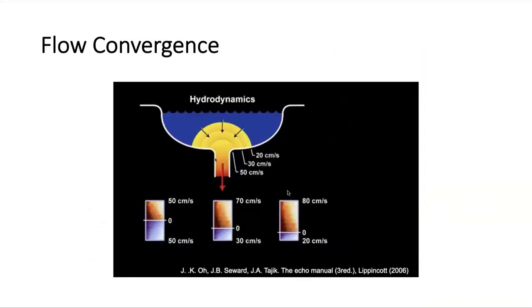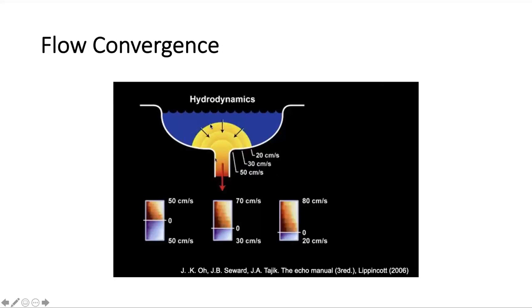So in terms of flow convergence and talking about PISA, it's important to talk a little bit about fluid dynamics. As fluid approaches a regurgitant orifice, just like here, it forms these concentric shells that share an isovelocity at that distance from the orifice.